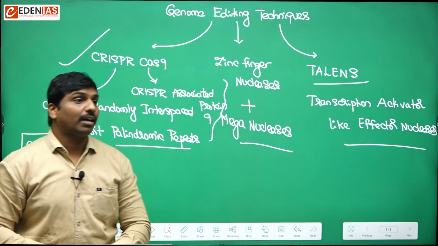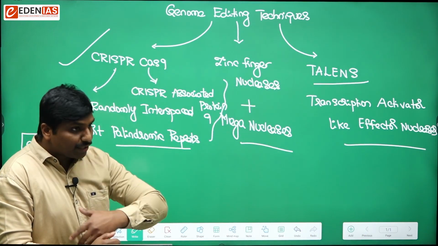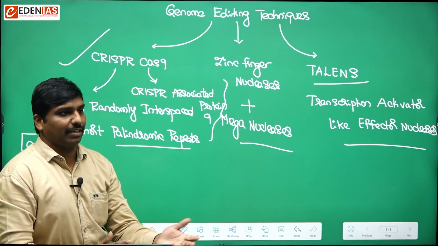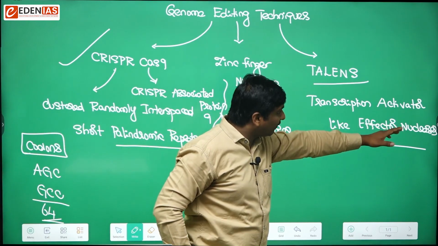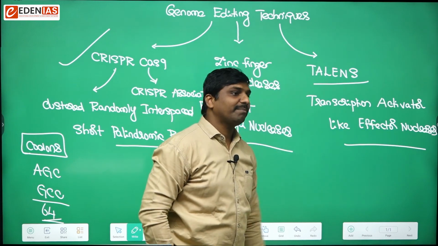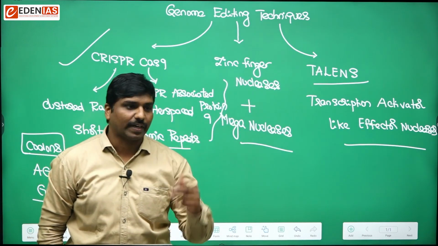Transcription activator-like effector nucleases. That is the full form of the TALEN technique. Here also a nuclease enzyme is there, and that will help in the process of cutting up the genes.